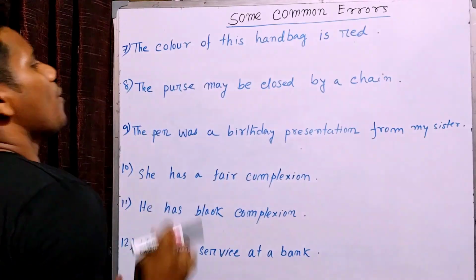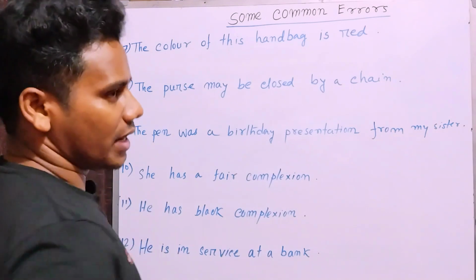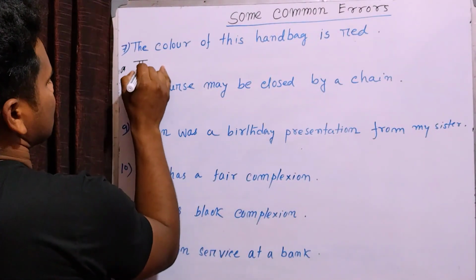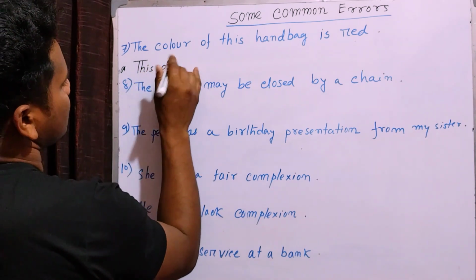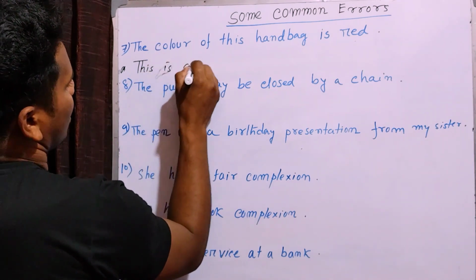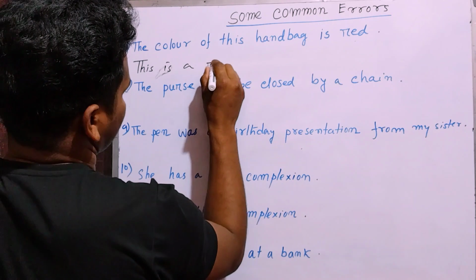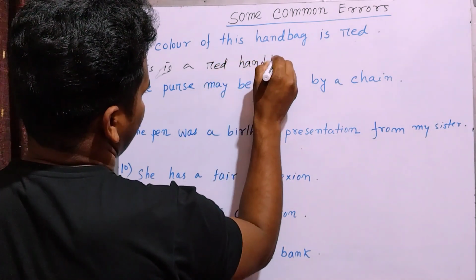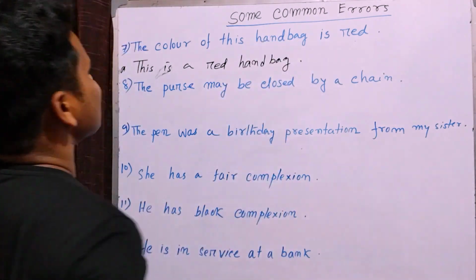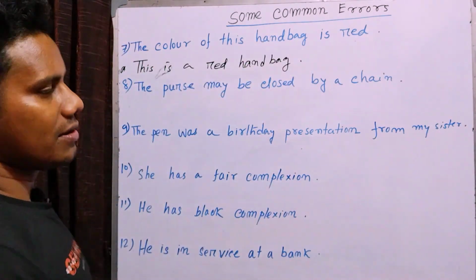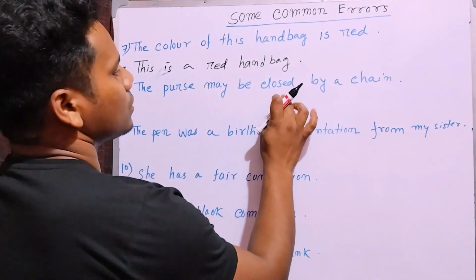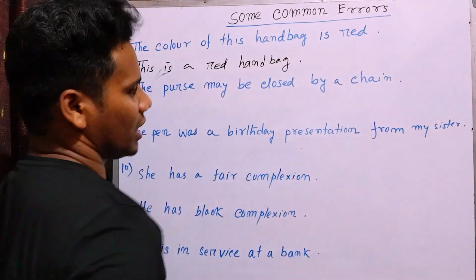Okay, next: color of this handbag is red. The right one will be: this is a red handbag. Next: the purse may be closed by a chain.